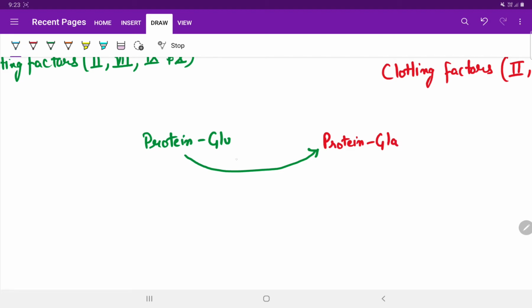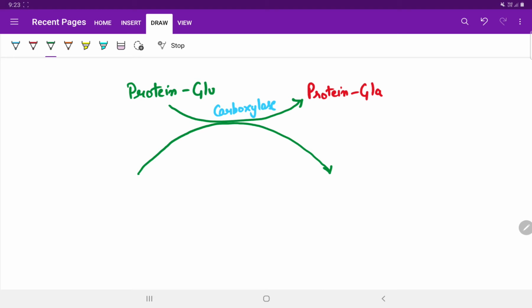This reaction takes place in presence of the carboxylase enzyme, and in this reaction vitamin K is changed into its epoxide form.